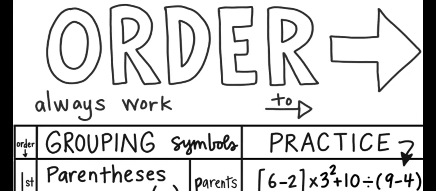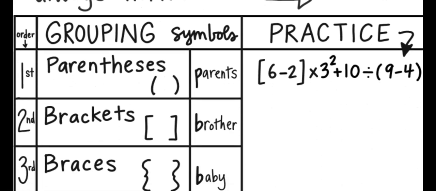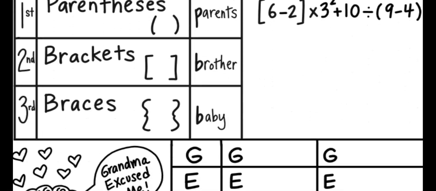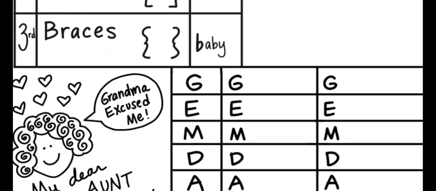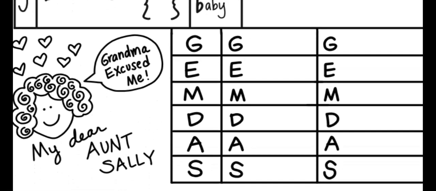So the first thing we're going to talk about is the order. So I'm going to go down here and talk about this little acronym here, GEMDAS. Okay, I know a lot of you have learned PEMDAS: parentheses, exponents, multiplication, division, addition, and subtraction.